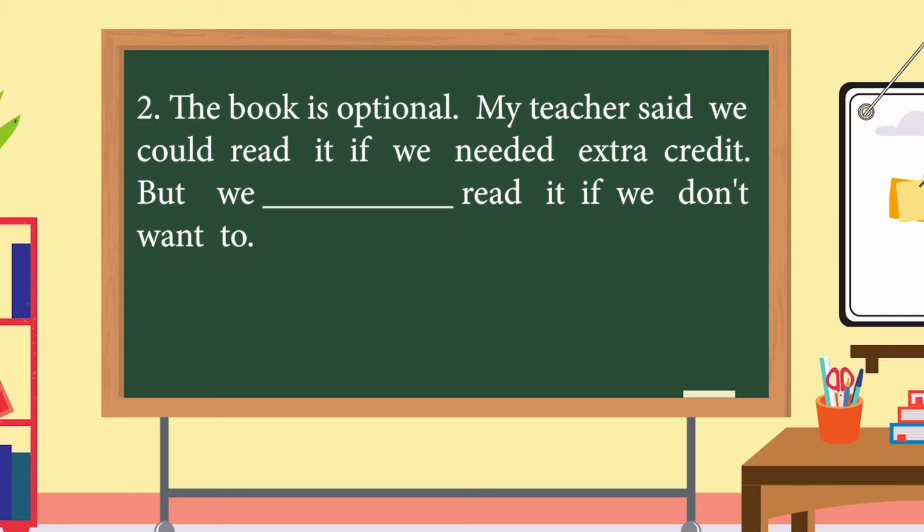Number 2. The book is optional. My teacher said we could read it if we needed extra credit, but we read it if we don't want to. A, cannot. B, must. C, must not.